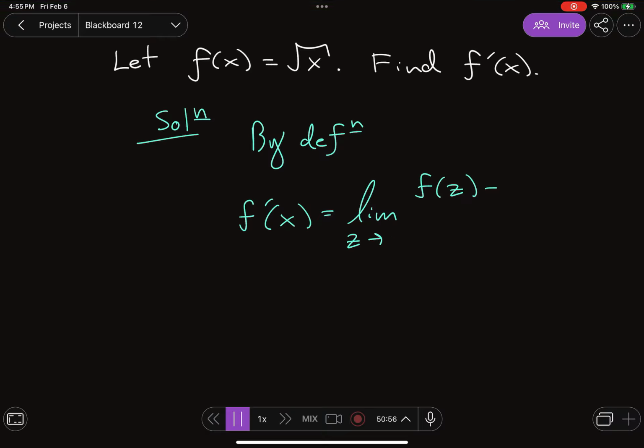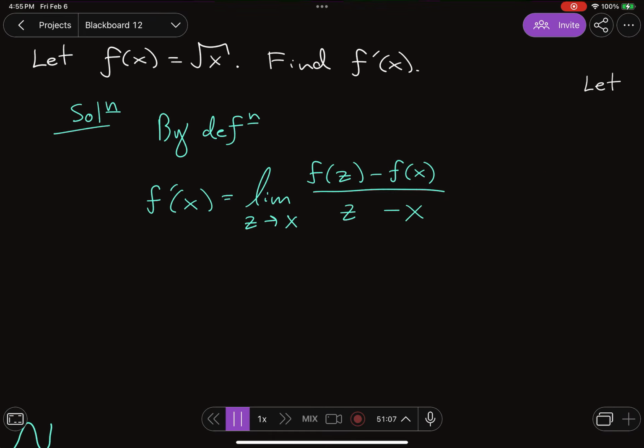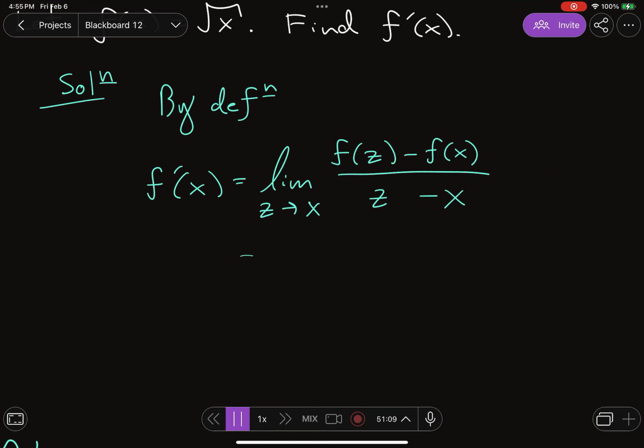Not z approaches 0, z approaches x. f of z minus f of x, all divided by z minus x. Perfectly valid definition of the derivative. But now we're just keeping track of things. That's the limit as z approaches x of the square root of z, by definition of f, minus the square root of x, all divided by z minus x.